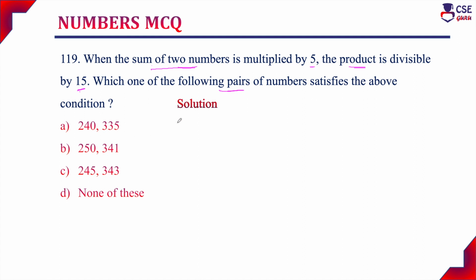So first we will take option A. Find the sum. 240 plus 335, and the answer is 575. And this should be multiplied by 5. So the product we will get is 2875. And if you are checking whether it is divisible by 15, no, it is not divisible by 15.